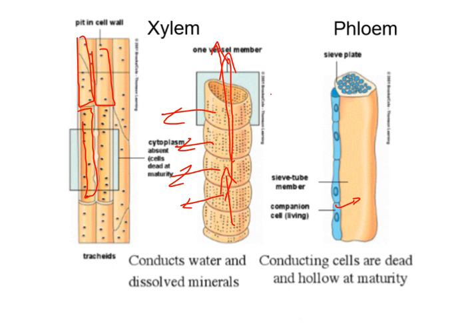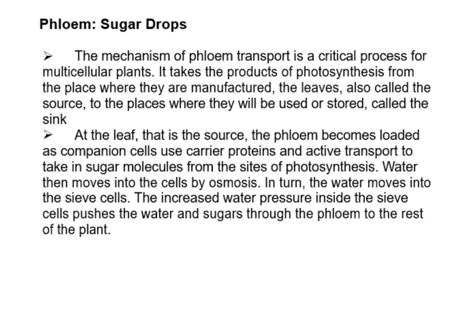Does that make sense? So the last thing we want to discuss then is phloem. Assuming that we've sucked water all the way up the plant through transpiration, now we want to know, how does sugar drop back down? Water gets up to the top. How does the sugar leave? The mechanism is pretty critical because you have to manufacture sugar, but then you have to get it to its destination.